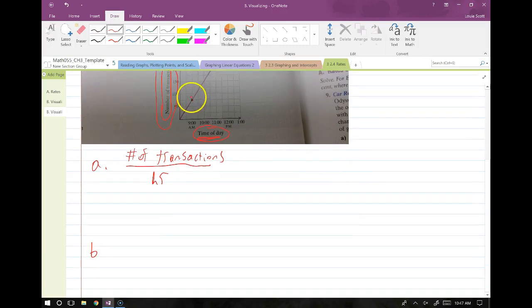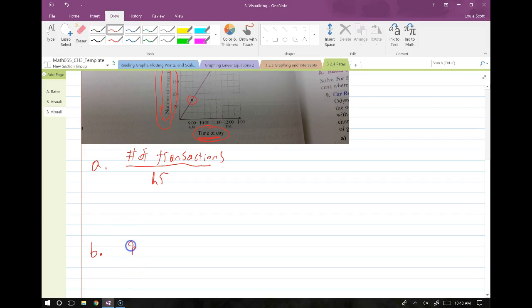Let's take a look. Let's analyze this first point. At the 9 o'clock hour, they had 75 transactions. Time of day is on the bottom, so it's in the x position.